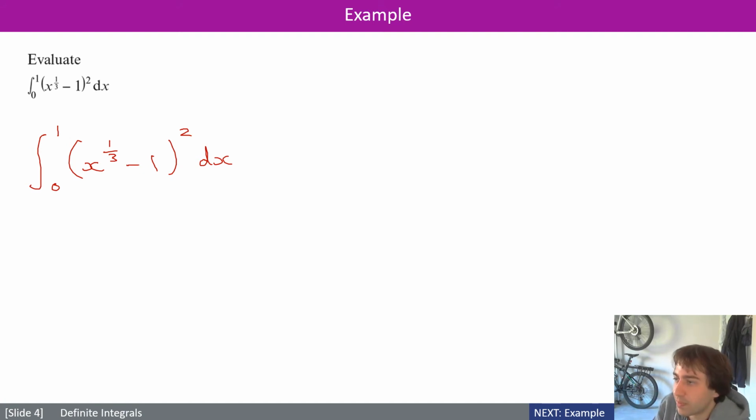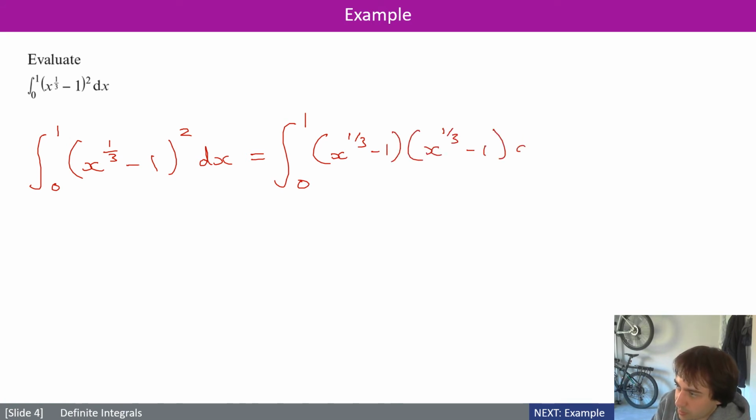So let's do that. I'm going to keep the integral sign with its limits the same, and we're going to do x to the third minus 1 all squared. So effectively I'm doing this, which gives me x to the 2/3 minus 2 lots of x to the third plus 1.